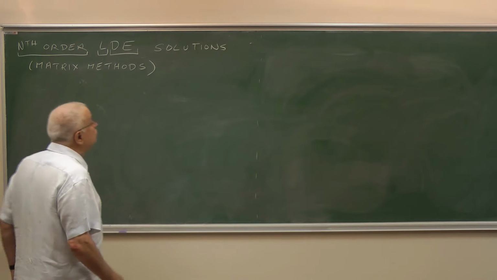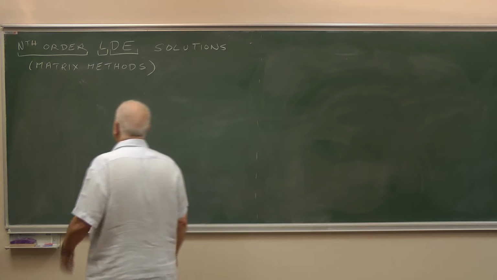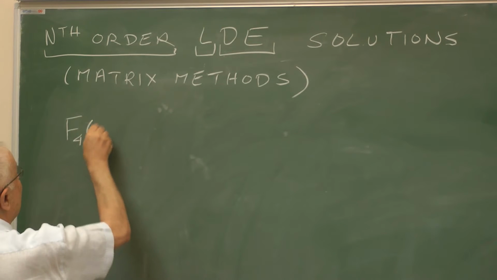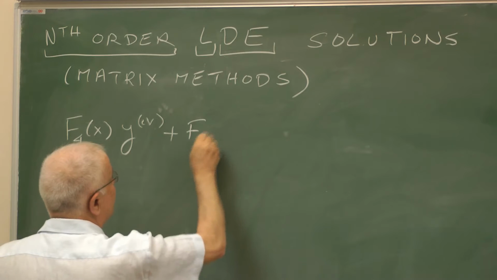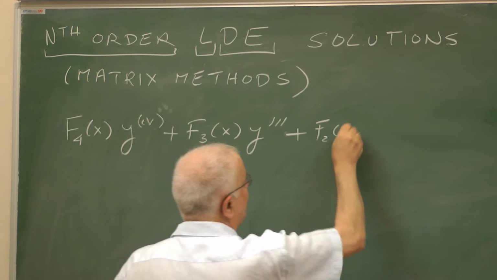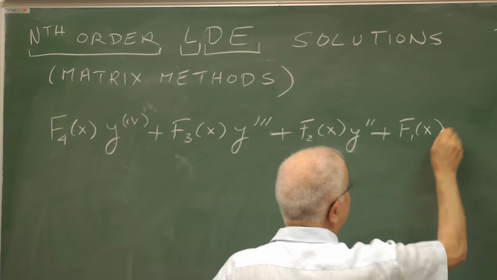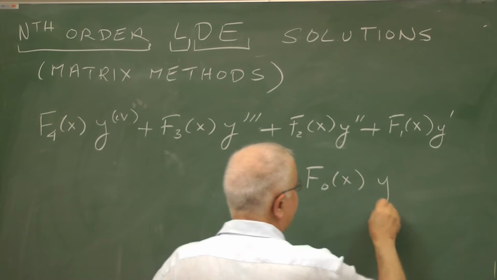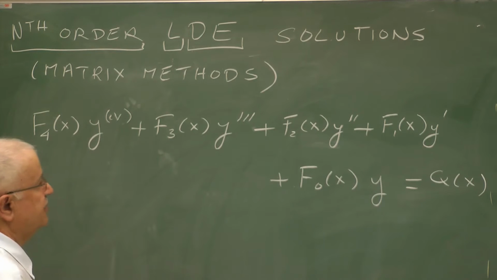So a very general linear differential equation, let us say fourth order, will be a function of x, f4(x), times the fourth derivative, plus another function of x, f3(x), third derivative, plus f2 of x, second derivative, plus f1 of x, first derivative, plus f0 of x itself, equals an inhomogeneous term, q of x.